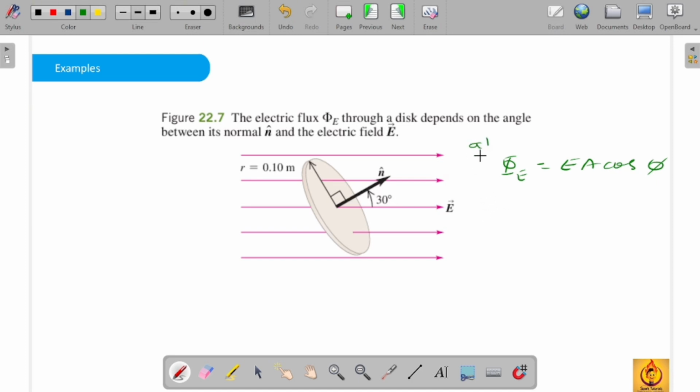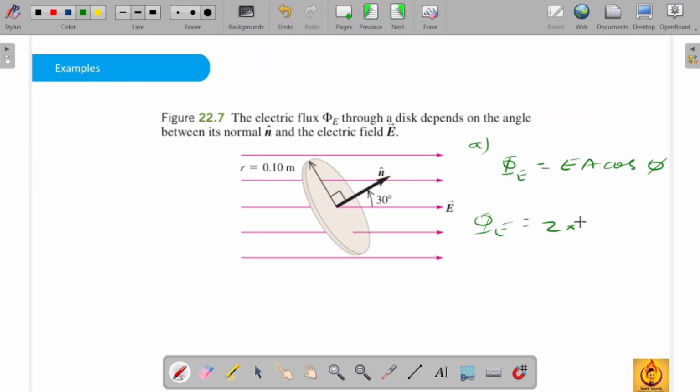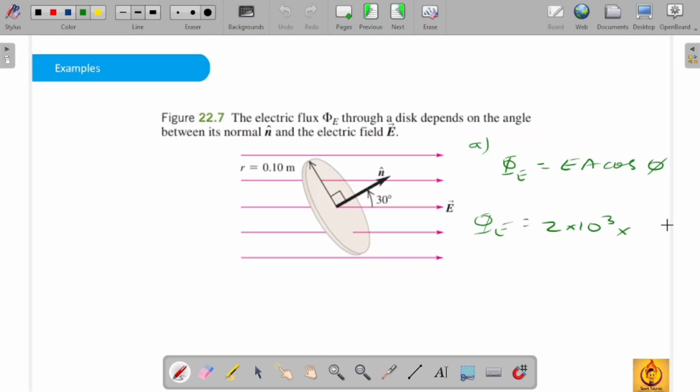So our electric field is 12 by 10 to the 3 multiplied by the area. It has a radius of 0.1 and it's a disk. The area we are looking for is this one.